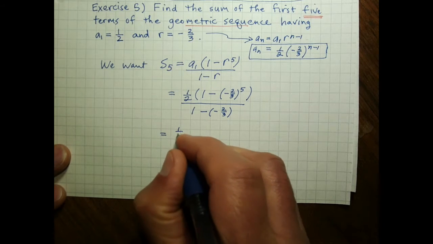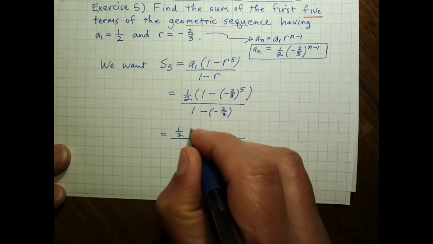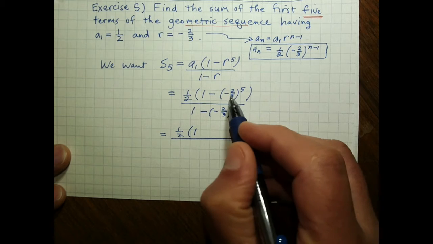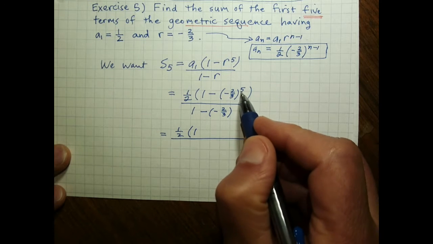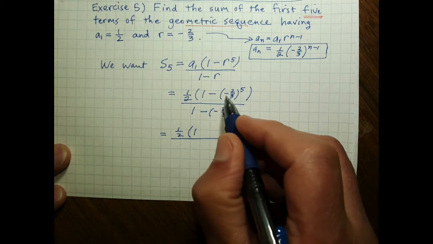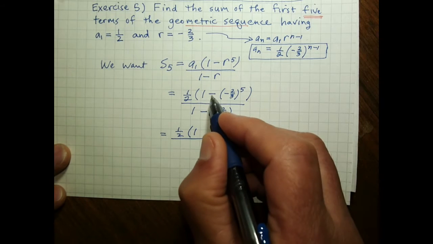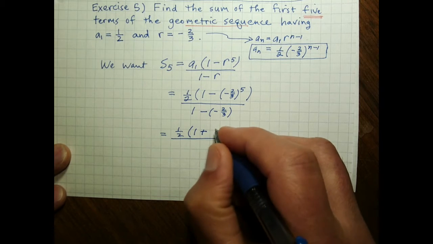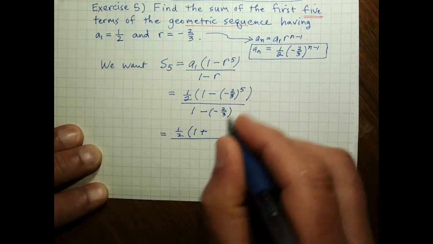I have 1/2 times, in parentheses, 1. Now, this negative 2/3 to a power, we have an odd power, so it's going to have a negative result. I'm going to have minus a minus will become plus 2 to the fifth over 3 to the fifth.